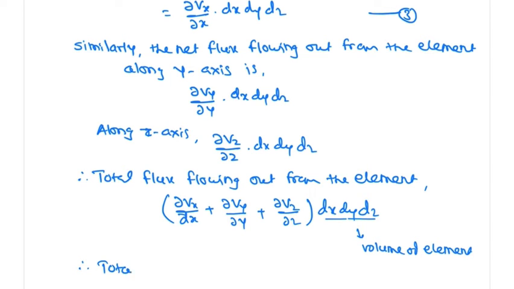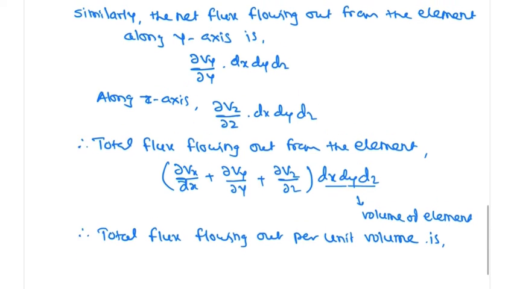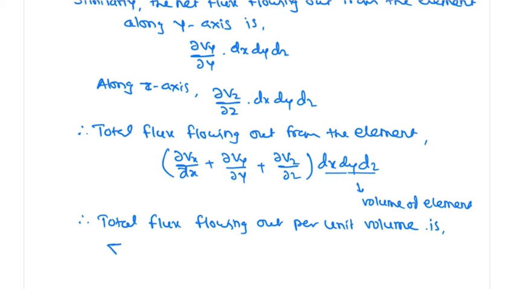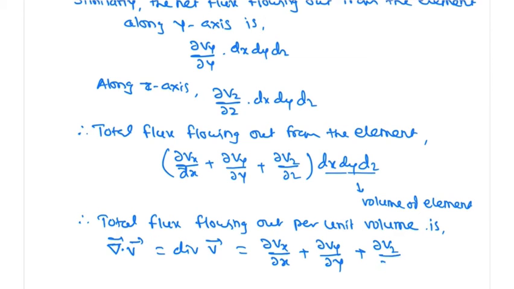Therefore, the total flux flowing out per unit volume is the divergence of the vector point function, and that divergence is ∂Vx/∂x plus ∂Vy/∂y plus ∂Vz/∂z.